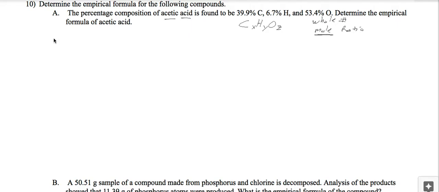Now, since we just got done doing work with masses, percent by mass, we know that when we see a percent value like this, we can treat it as a percent by mass.